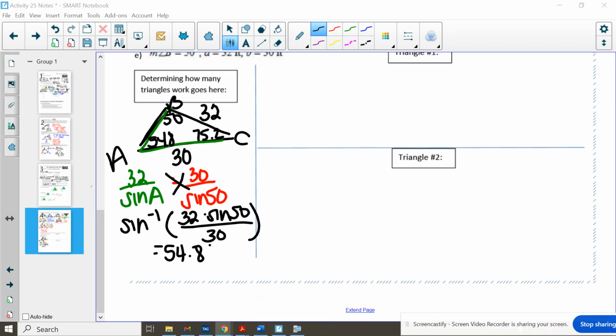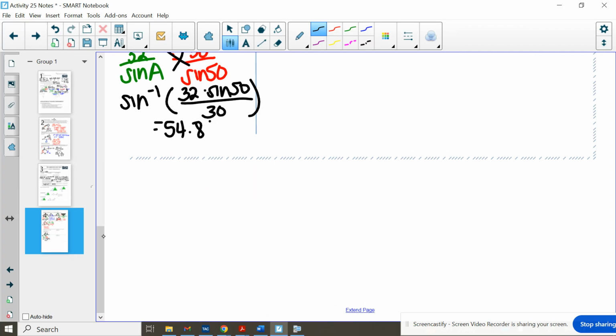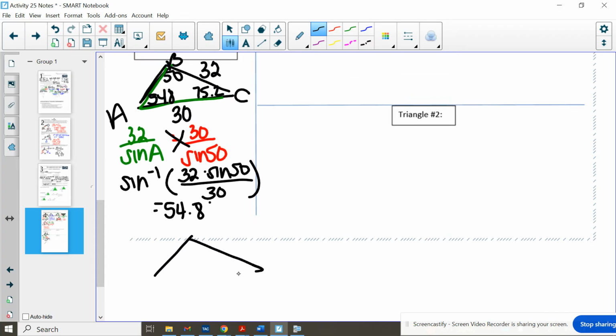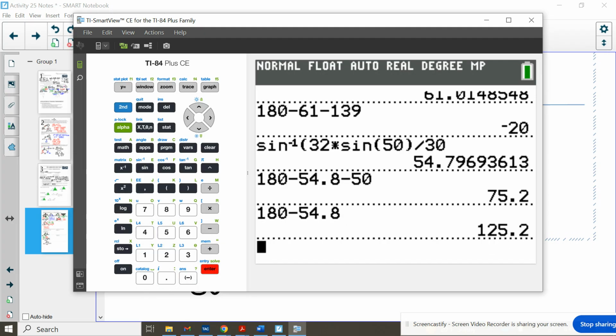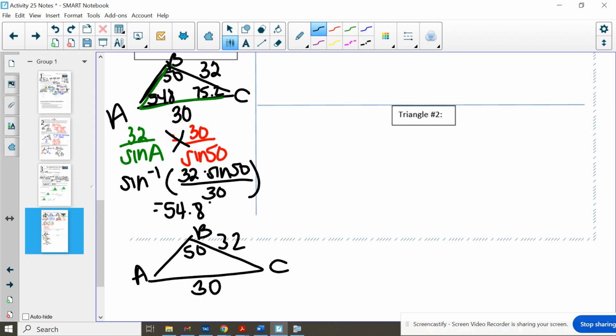Now the second triangle, if it does exist, is going to have the exact same given info. However, the only difference is that instead of angle A equaling 54.8, it would need to equal the supplement of 54.8, which is 125.2.